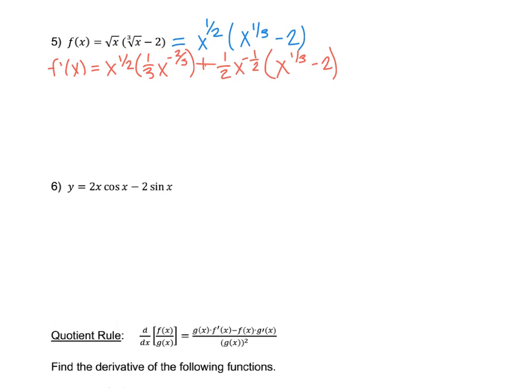So this 1/3 is my coefficient that just stays out front, x to the 1/2 minus 2/3. So if you have some extra space, 1/2 minus 2/3. We're going to think of 1/2 as 3/6, and multiply 2/3 by 2/2, and we think of this as 4/6. So my new power of x is negative 1/6.